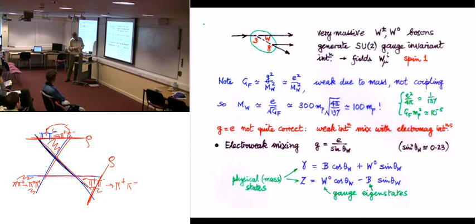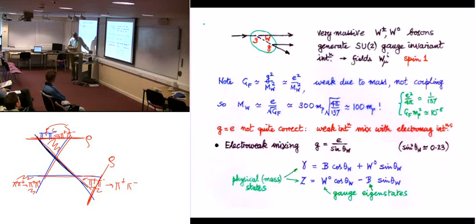What's that mass? That mass is going to be e over root GF. 1 over GF is 10 to the 5, and the square root of it is 300. So it's 300 times the mass of the proton times the electromagnetic coupling, which we've seen is 4 pi over 137. That turns out to be 100 times the proton mass. So we'd expect this particle to be about 100 times the proton mass if it was weak because it was a massive particle going across here.